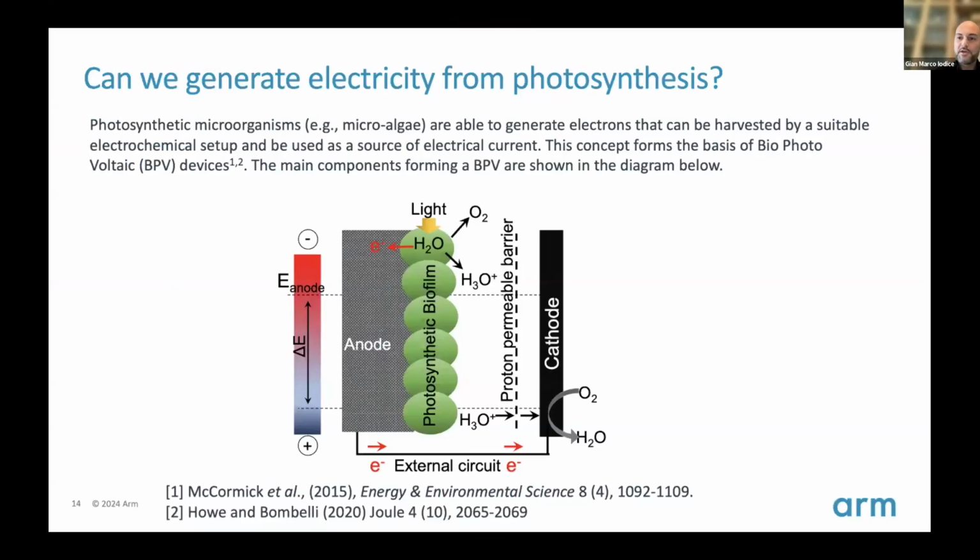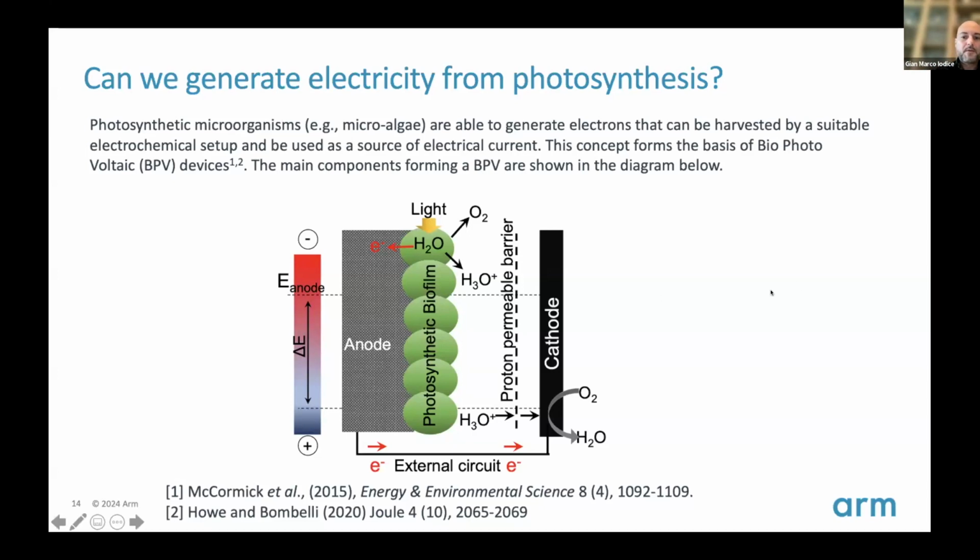And he was talking about a very fascinating device that can generate electricity from photosynthesis. This is absolutely incredible. A device that can take energy from the sun and generate electricity to power devices. Well, you can say, this looks very similar to a solar panel. So I already have the solar panel. Why do I need to care about this device?